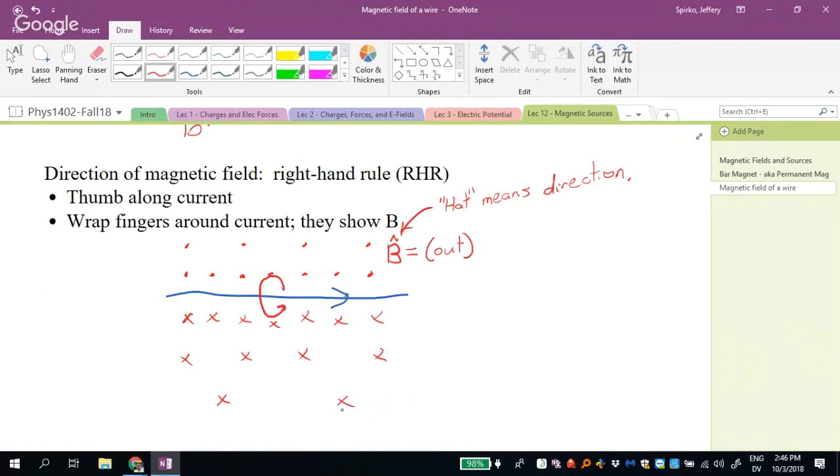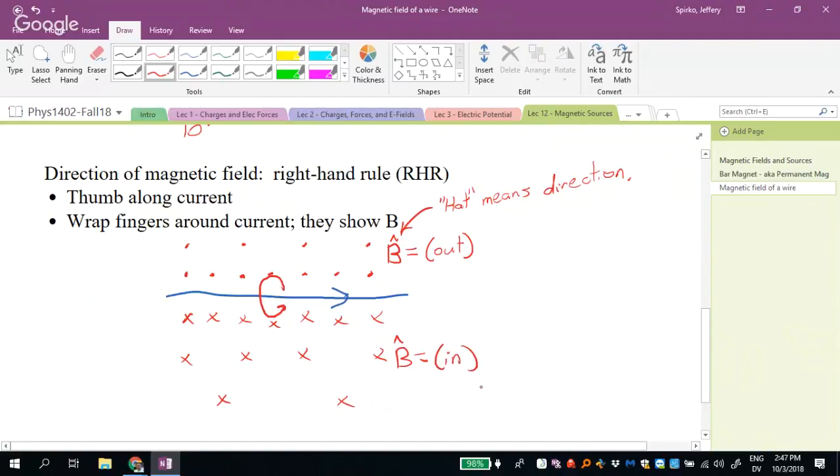That's because the magnetic field is stronger when you're close and gets weaker as you get further away. So the way you pack them in gives you hints about how strong the magnetism is. It's not really a proportional thing. It's not perfect, but it gives a sense of how strong things are. So down here, B hat is equal to inward.